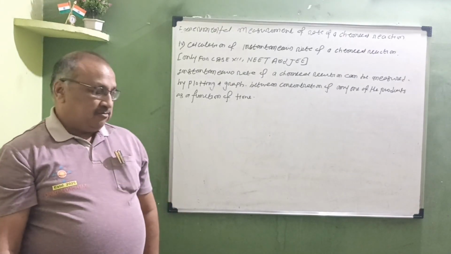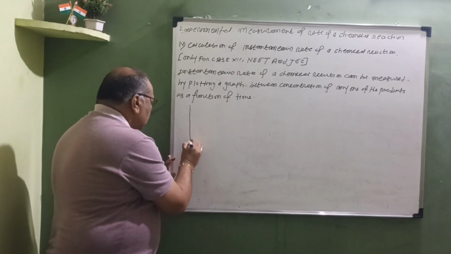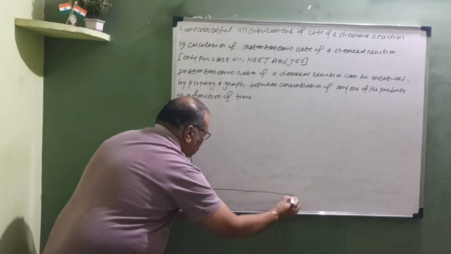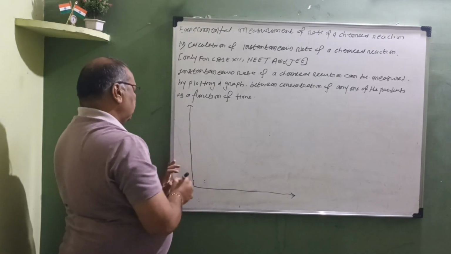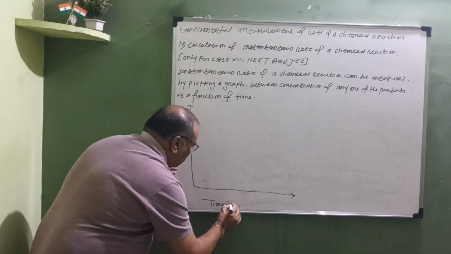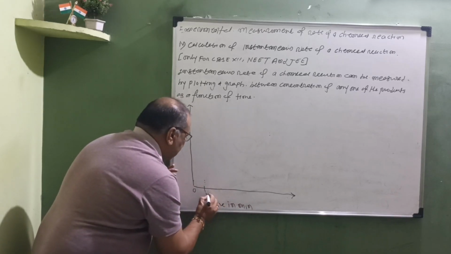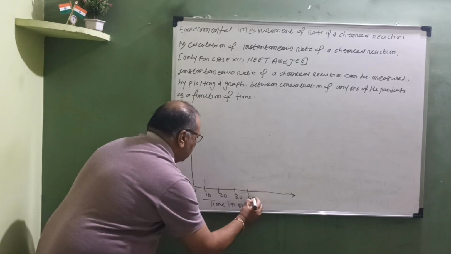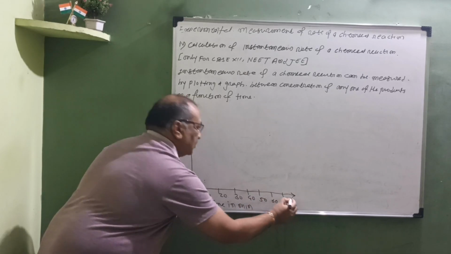That means here write down time in minute: 0, 10, 20, 30, 40, 50, 60, 70.